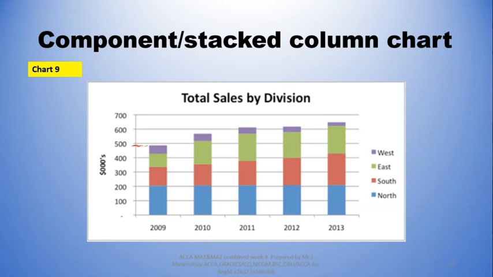But for each division, you can see by its size, from one point to another. It doesn't mean that for the south division, its sales were at this level. No, it doesn't work like that.